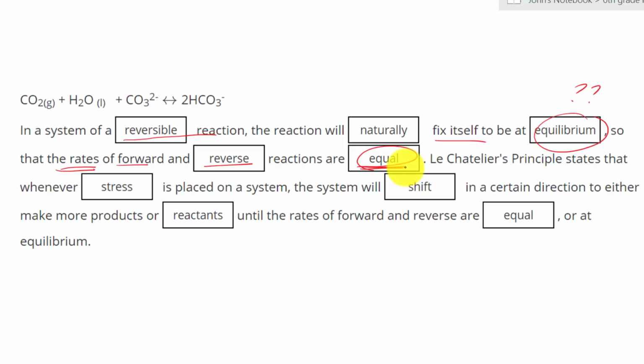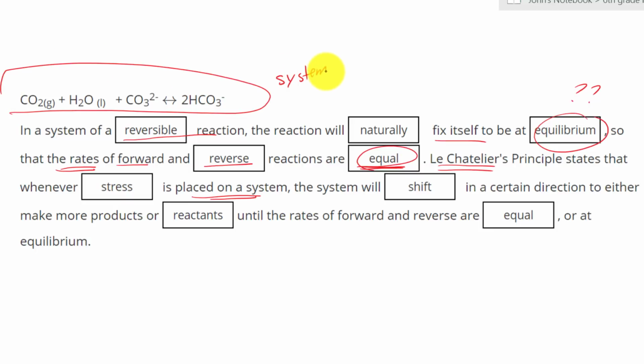Well, there's one guiding principle called the Le Chatelier principle. Le Chatelier principle states that whenever stress is placed on a system, which is a chemical reaction here, okay? So system is basically another word for chemical reaction in this term. The system will shift in a certain direction to either make more product or reactant.